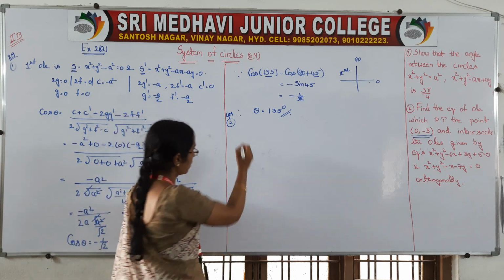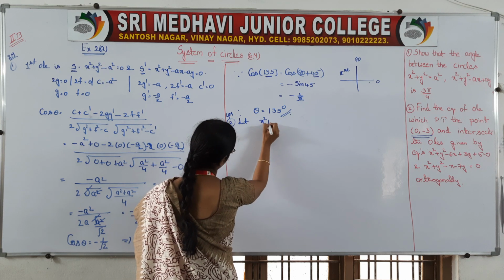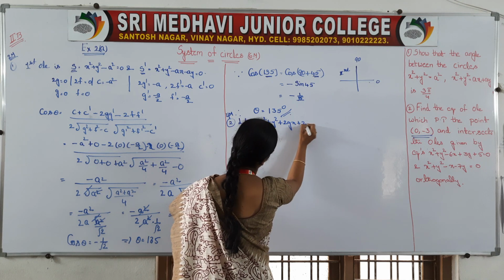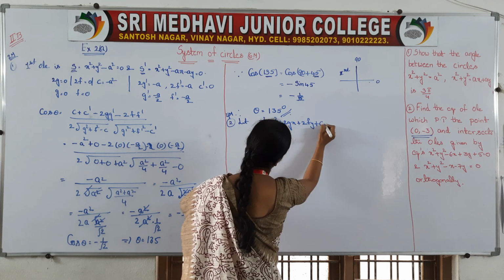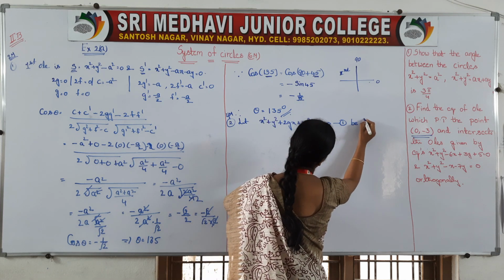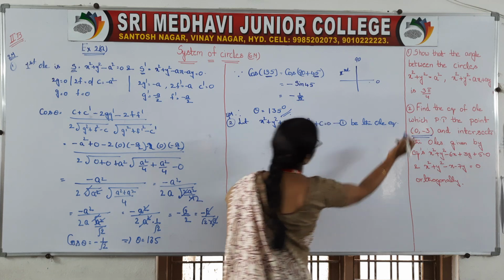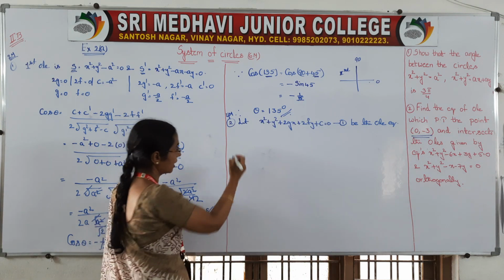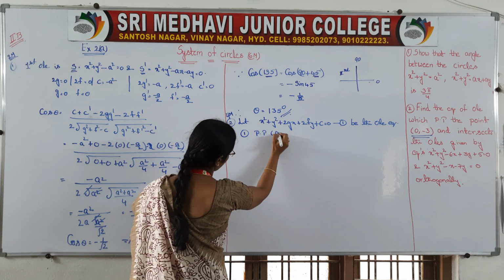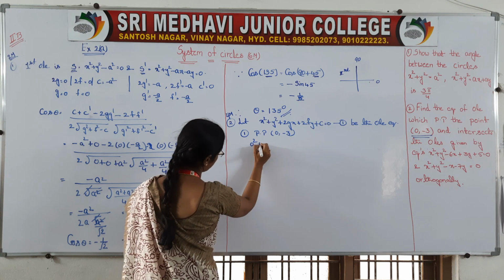So come on, first you take, what is your equation? Let x square plus y square plus 2gx plus 2fy plus c is equal to 0 be the circle equation, right? So the first condition is this one passes through (0, minus 3). This point satisfies that equation.